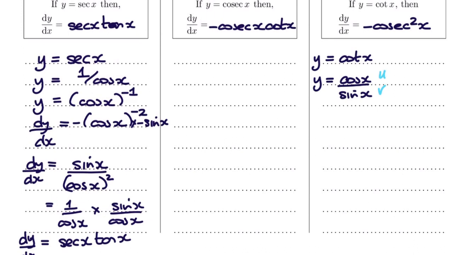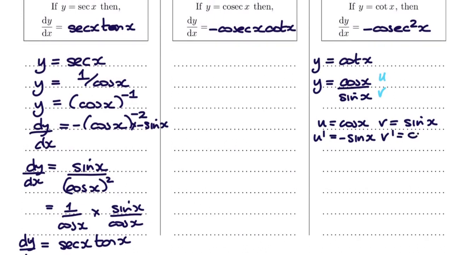Okay, so underneath I'm just going to write the bits. So u is cos x, v is sine x, u dashed, well, cos goes to negative sine x. v dashed will be cos x. Okay, and v squared will be sine squared x.